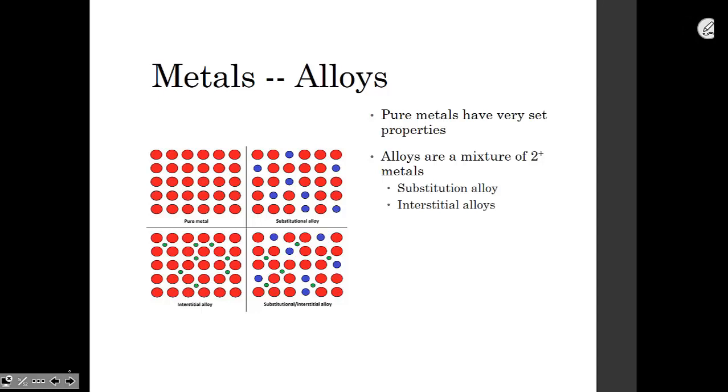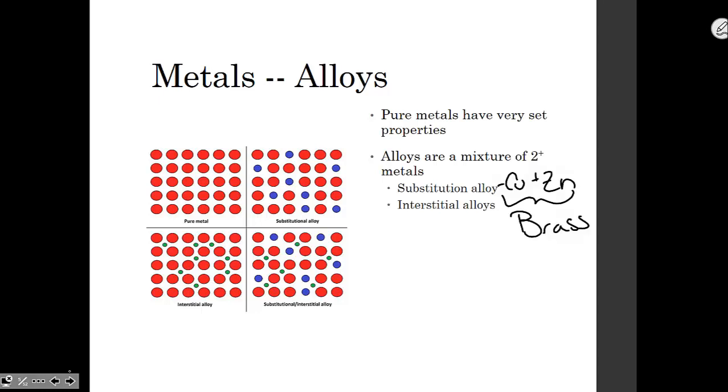A substitution alloy happens between metals with a similar radius. So metals in the same period tend to form substitution alloys. For example, copper and zinc come together to form the alloy brass.